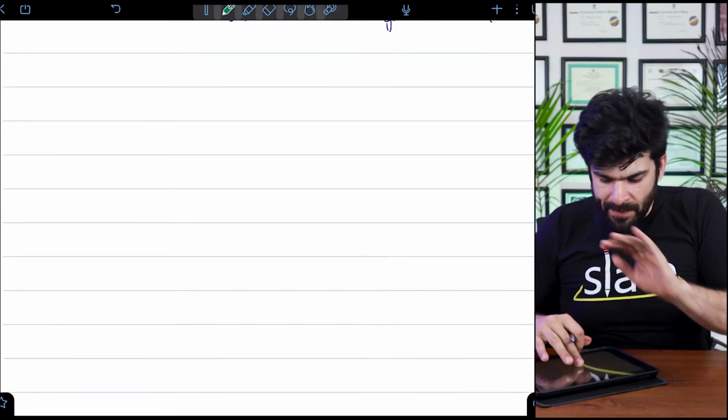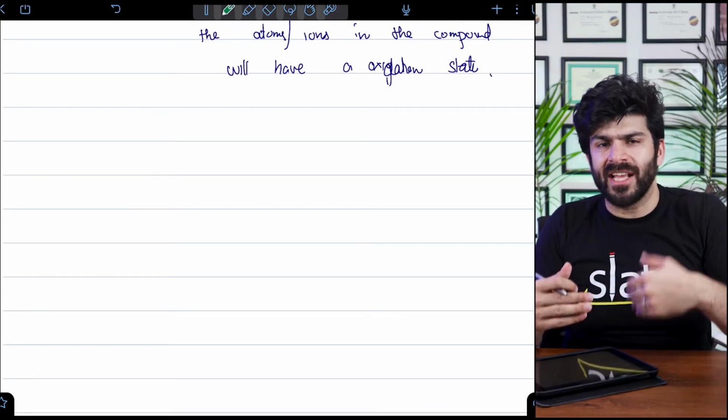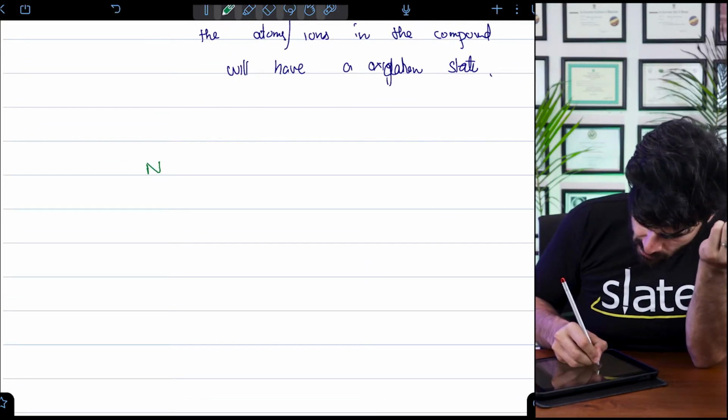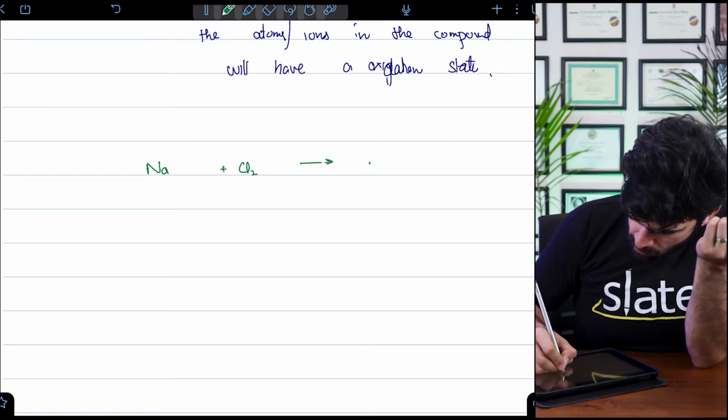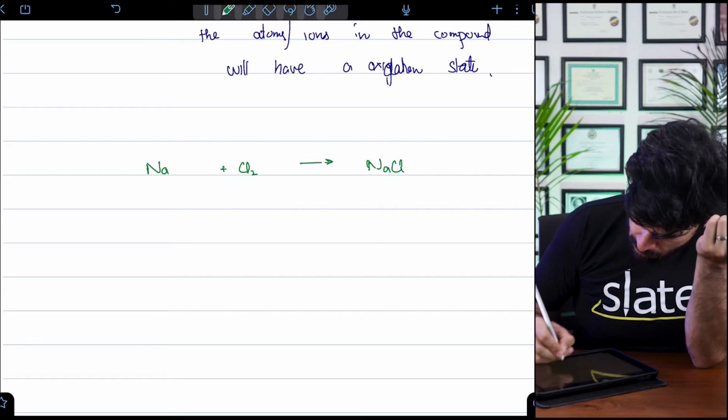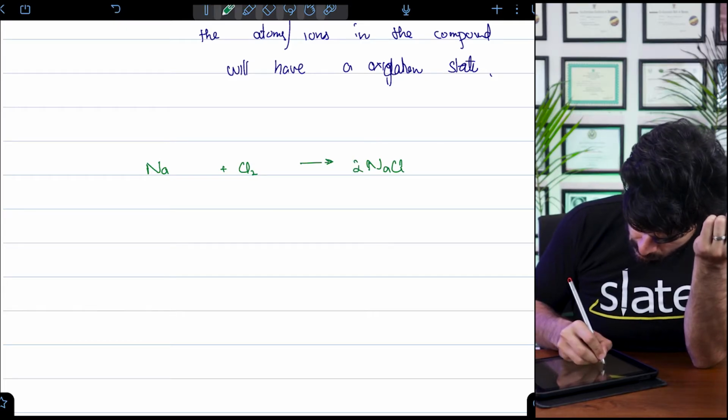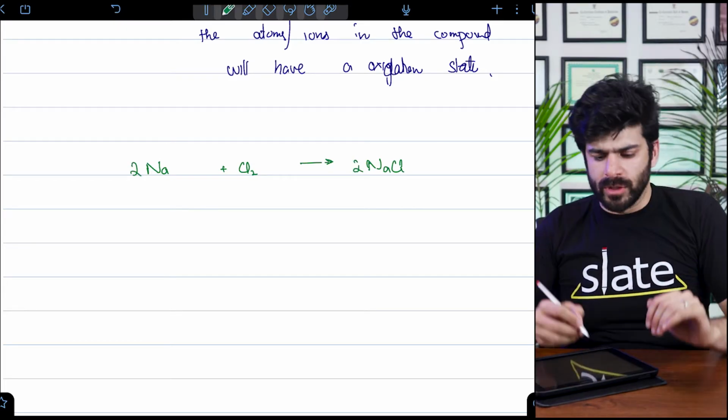If we talk about the same NaCl and we make half equations like electrolysis, that's the balanced equation, students.